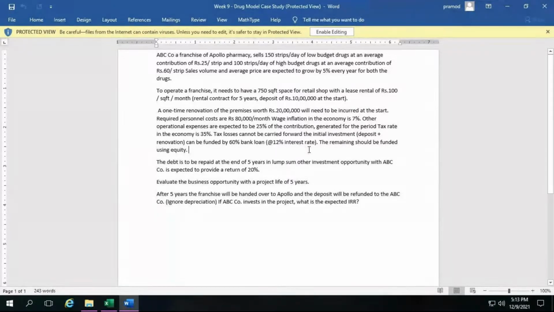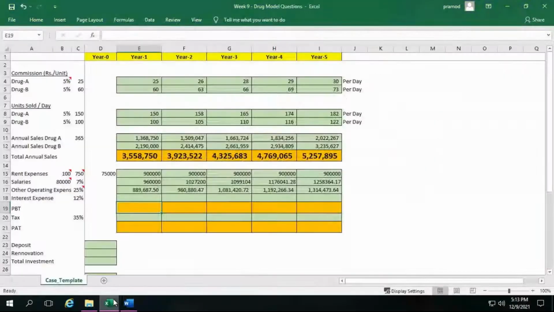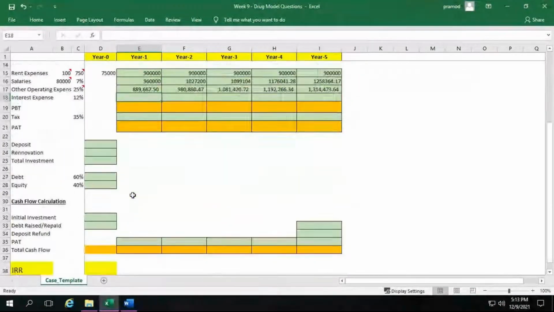The remaining should be funded using equity. So here we need to find the interest expenses. Before interest expenses, I should have the debt. Whatever the debt amount is, the interest rate should be applied on that particular amount only.